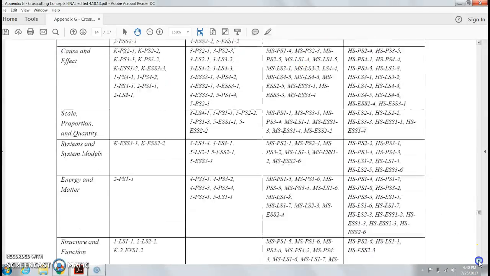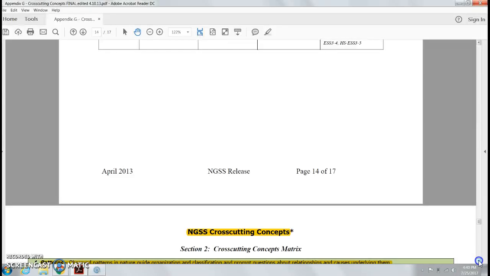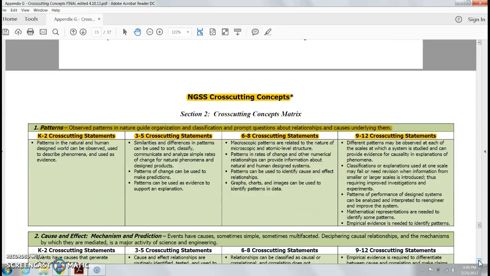Now, if you go to page 15 of this document, this is the view that I particularly like. So here, NGSS, cross-cutting concepts, patterns again: observe patterns in nature, guide organization, classification, and prompt questions about relationships and causes underlying them.